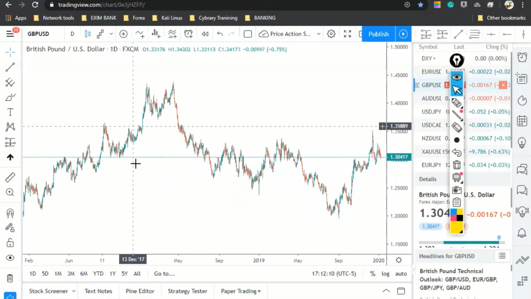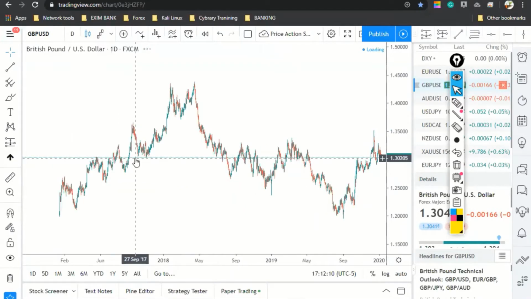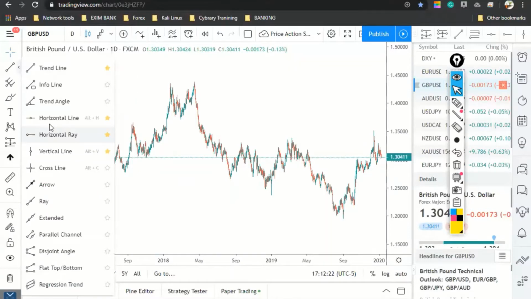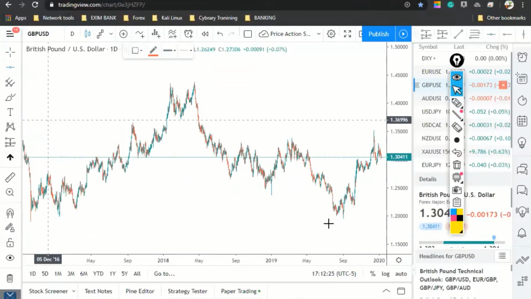So zoom out to about a year, two years worth of data, and then you will look for turning points where the market reverses. So here, you can see the market came down right here, stopped right here, then started to go up, right?